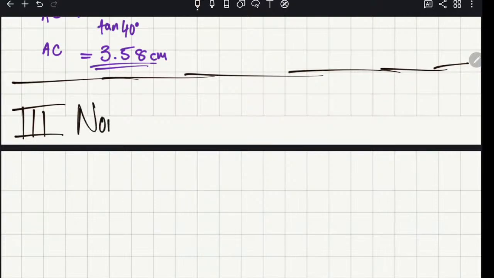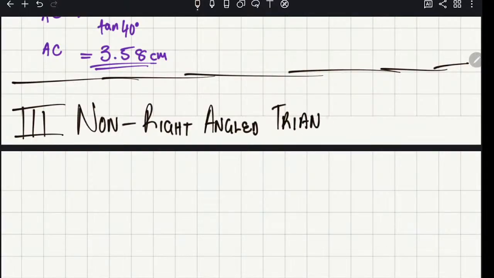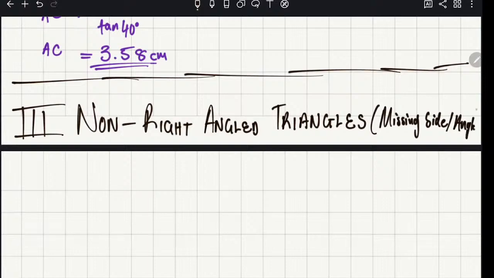which is non-right-angled triangles. This time we are not getting area. We are looking for a missing side or angle. This time we are not looking for area.